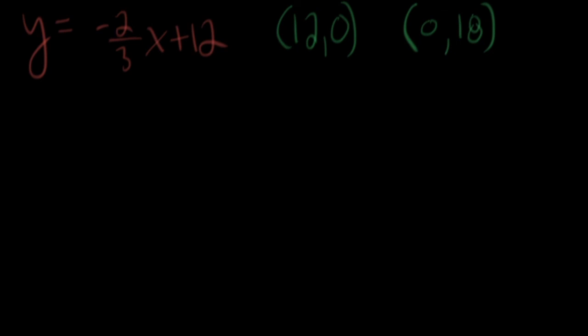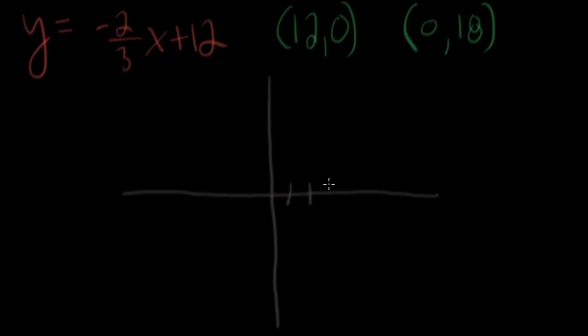So now we just need to go and graph. So there's our graph. Now, a lot of kids go like 1, 2, 3, 4, all the way to 12 and all the way to 18. Let's go by twos. 2, 4, 6, 8, 10, 12, 14, 16, 18. And we're going to go up. 2, 4, 6, 8, 10, 12. So let's just go and graph it.